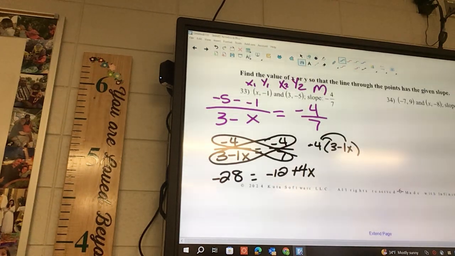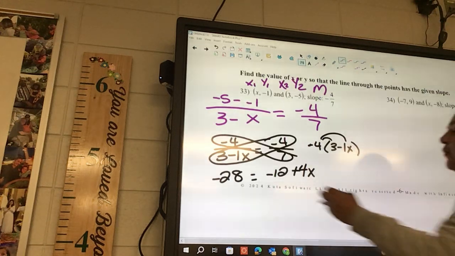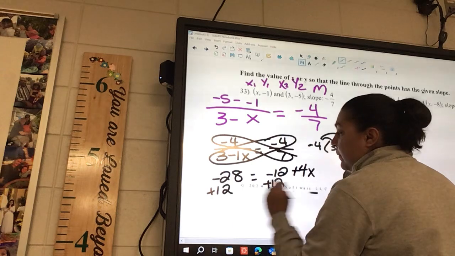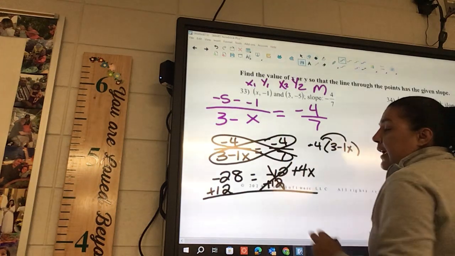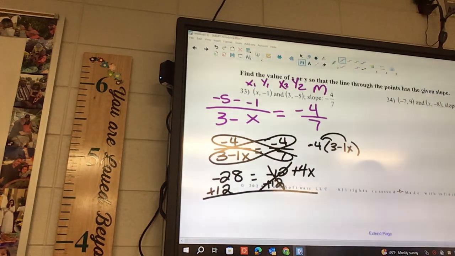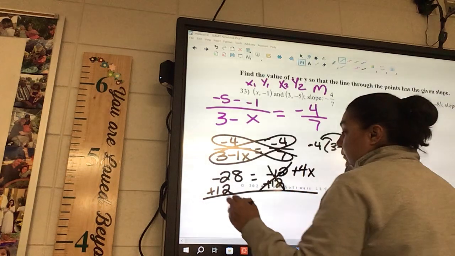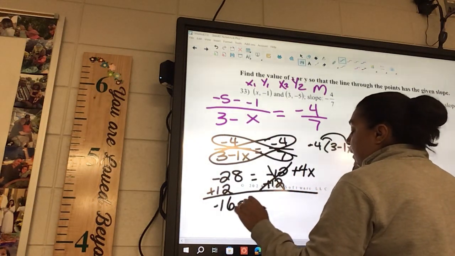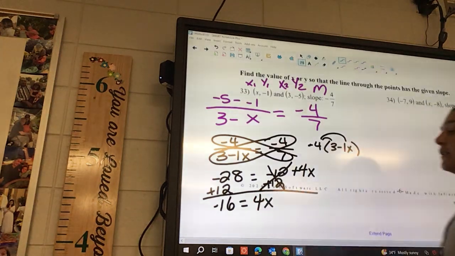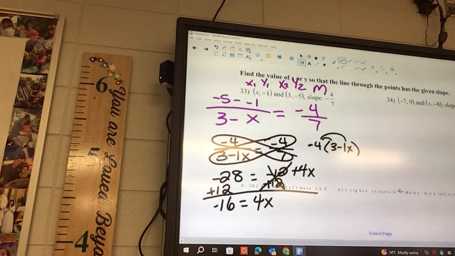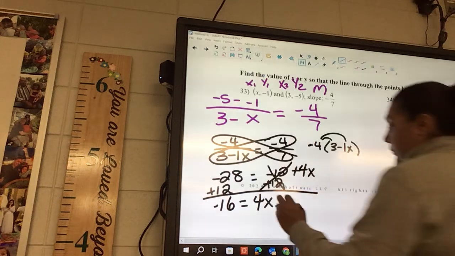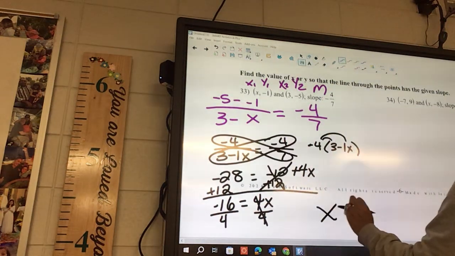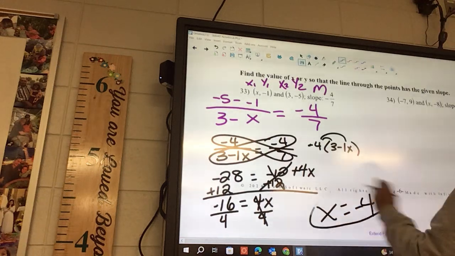The 12 needs moved, so we're going to add 12 to both sides. Negative 28 plus 12 is negative 16. Negative 16 equals 4x, and then what? Divide by 4. So we're going to get x equals negative 4.